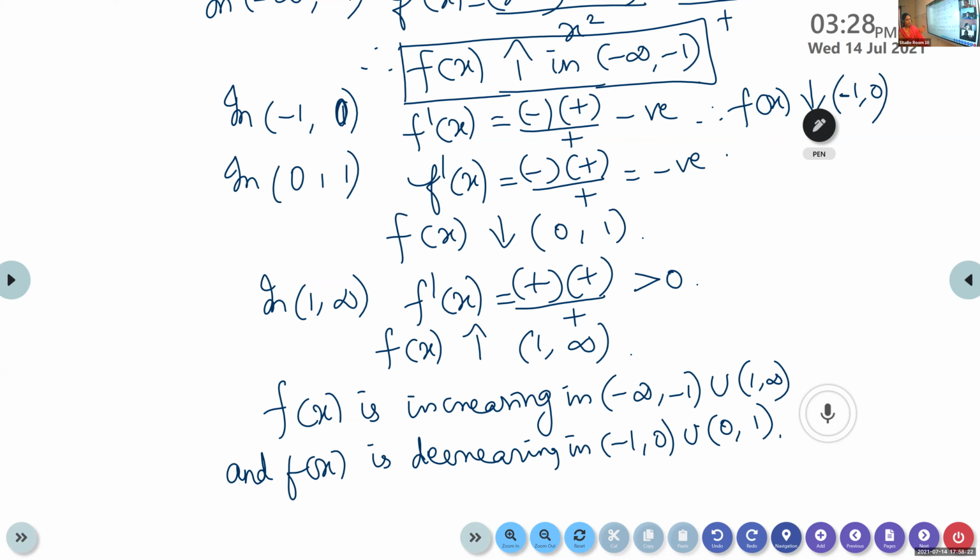We can combine all the intervals and write like this. In the first 2 intervals, minus infinity to minus 1 and 1 to infinity, it is increasing, and in the remaining intervals it is decreasing.